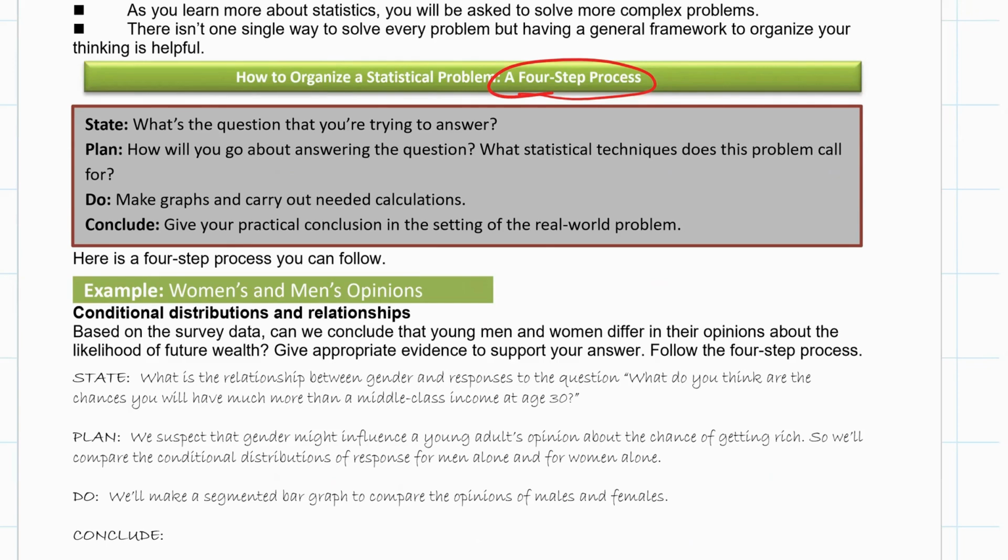For example, in the previous data set, what were we trying to answer? Is there a relationship between your gender and your thoughts about getting rich? Okay. Plan. How are we going to go about answering that question? Well, we could attack that problem by looking at the conditional distributions of opinion for each of those gender values.